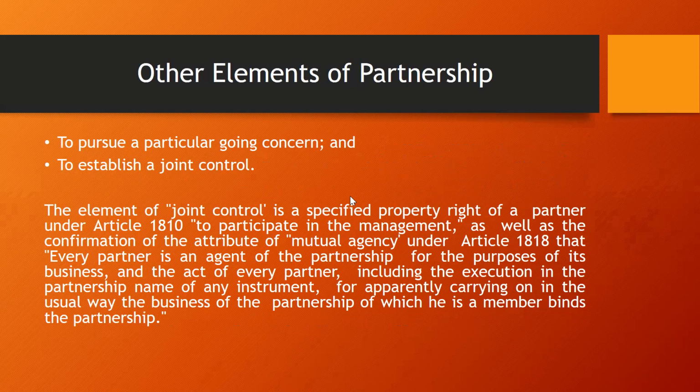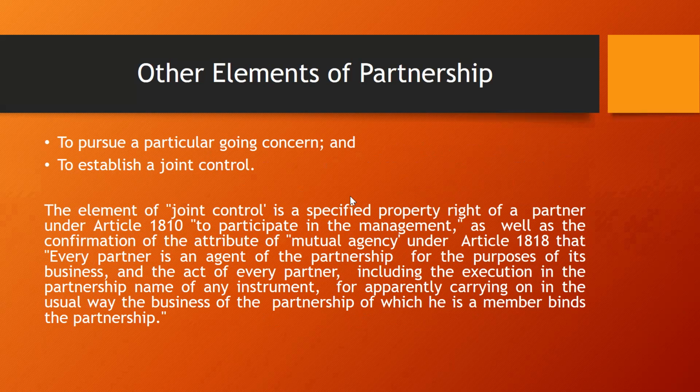Ito na. This is actually from the American jurisdiction, ang nagpo-provide ng additional elements na ito. In the Philippine jurisdiction, tama na po yung dalawa kasi naka-embody na po itong dalawang ito doon sa tatlong naunang element na na-discuss natin. To pursue a particular going concern, we have already discussed this under the second element, which is the subject matter.